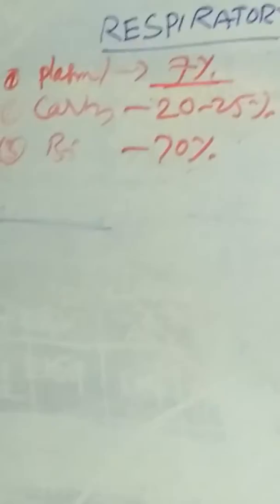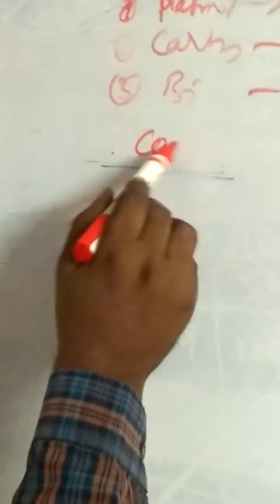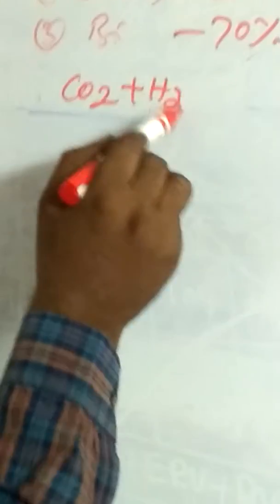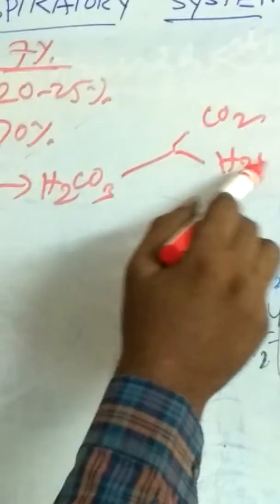First one is as plasma. Carbon dioxide combines with the water of the plasma to form H2CO3, carbonic acid. Near the lungs, it dissociates into CO2 and H2O.